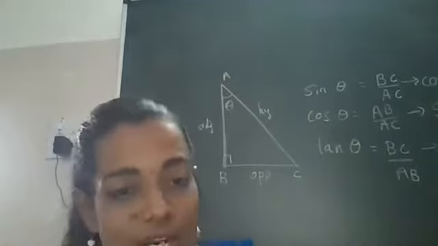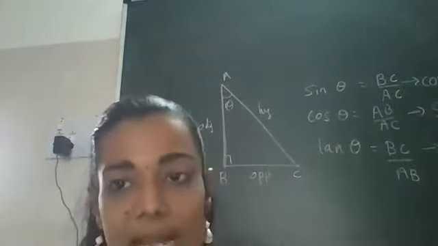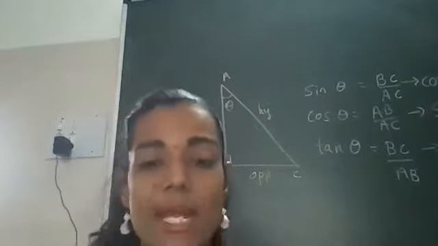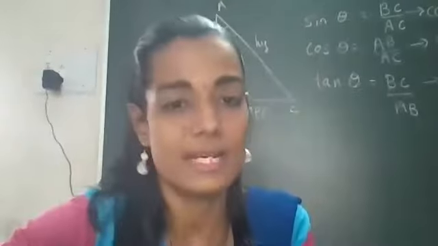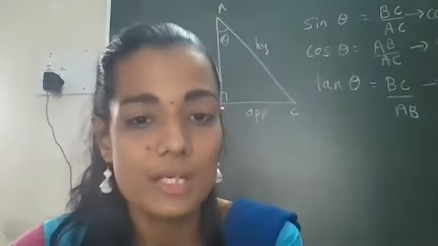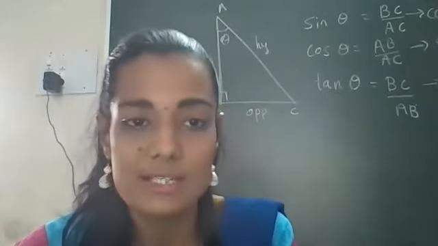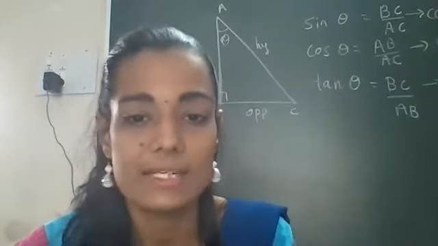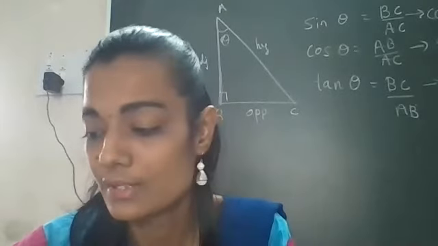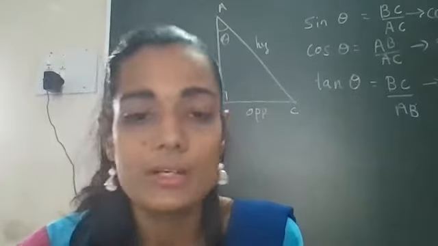If one angle is 90, the other 2 angles should be less than 90, and angles less than 90 are called acute angles. So in this chapter, the other 2 angles in the right angle triangle are acute angles, and that's why they are called trigonometric ratios of the angle.